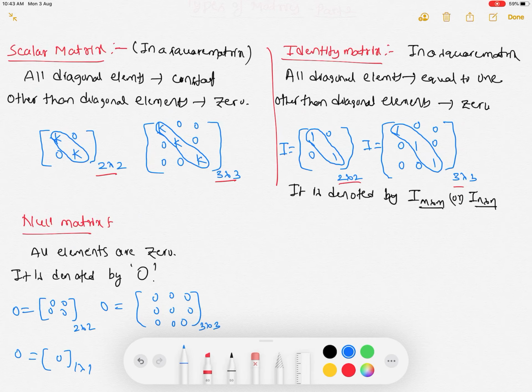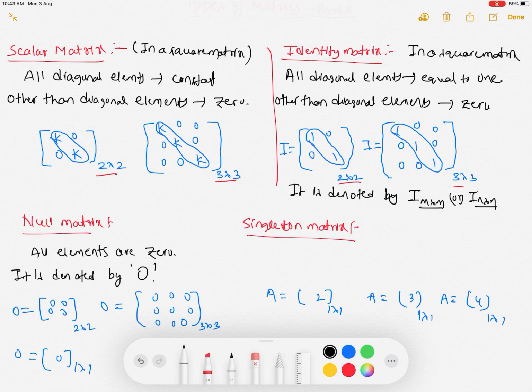The next type is the singleton matrix. A singleton matrix is one that has only one element. A matrix should have only one element, which means the order will be 1 by 1.